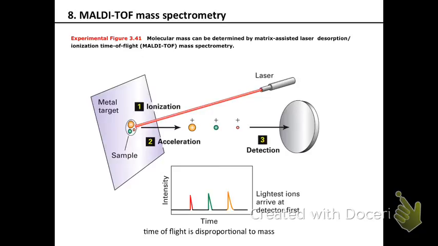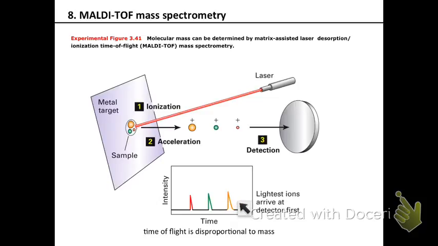Okay, so what this is doing is that it's basically separating the ions based on their mass. And the way it's doing that is based on the time of flight. And the principle is very simple.